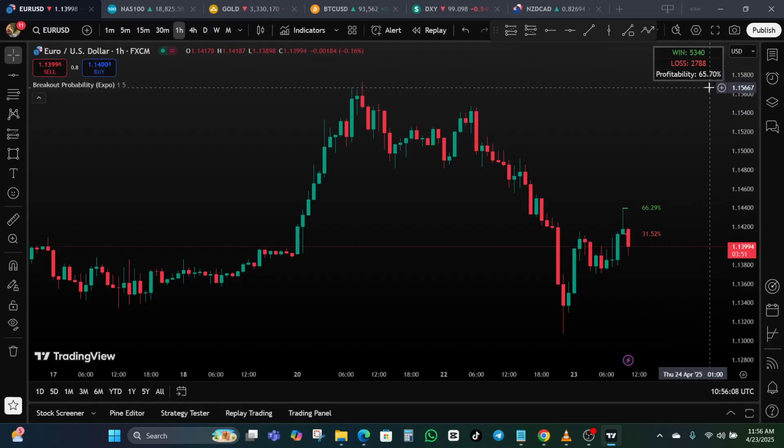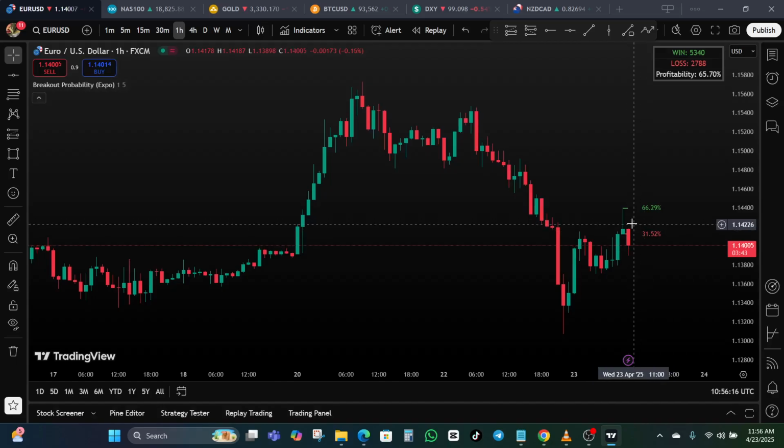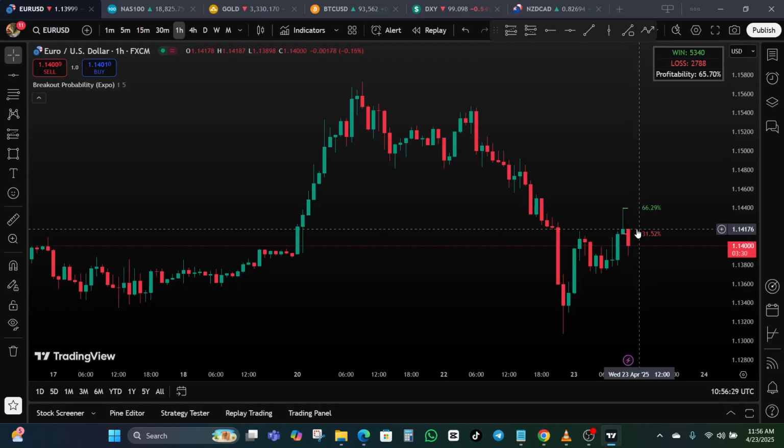And then here you can see the probability that the indicator is predicting. It predicted a 66.29% probability of a breakout to the upside and a 31.52% probability of a breakdown to the downside.